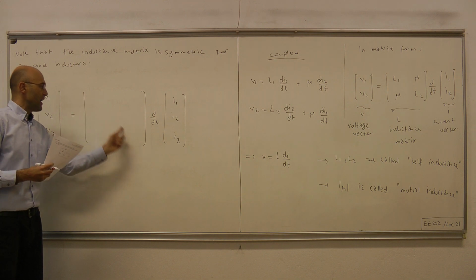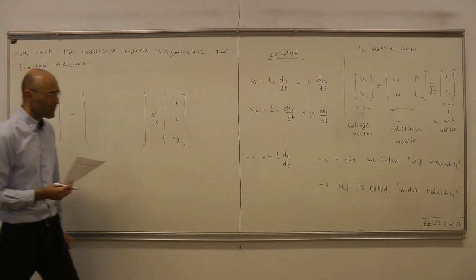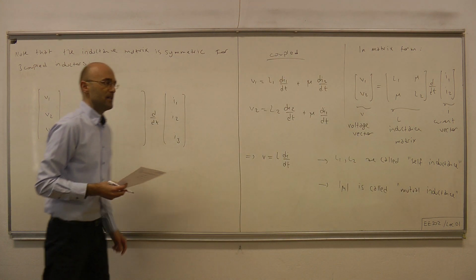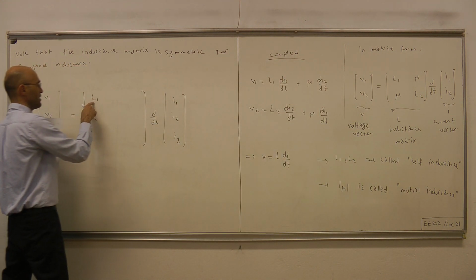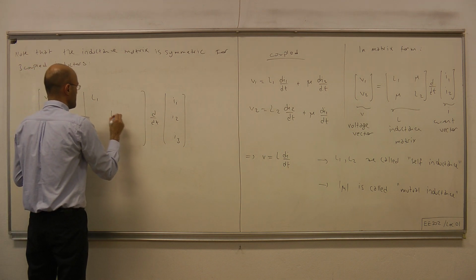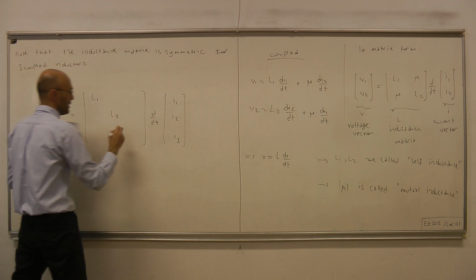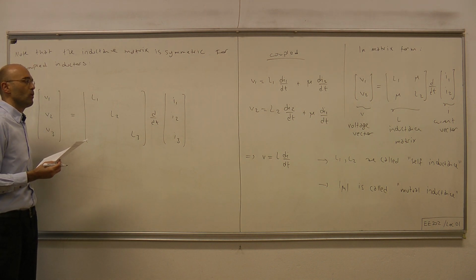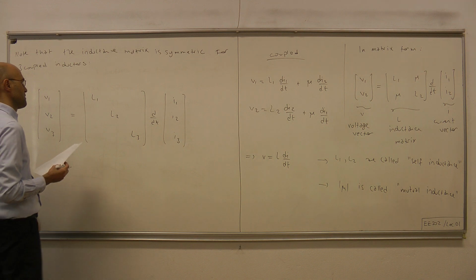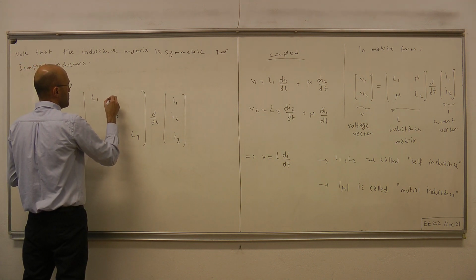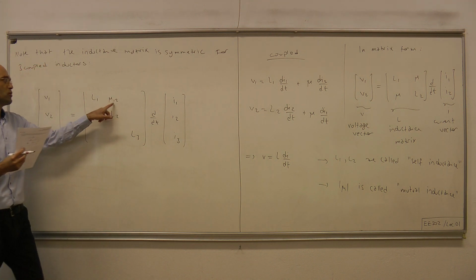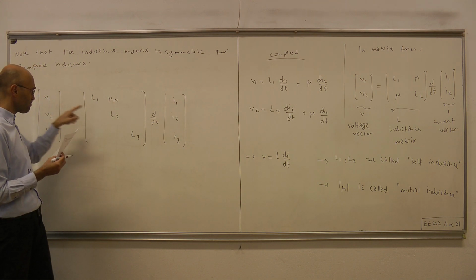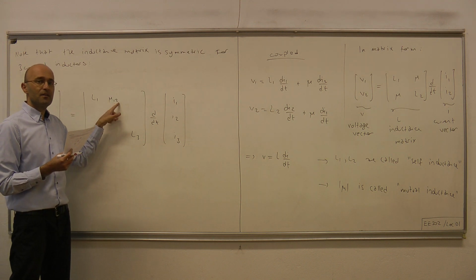The diagonal entries of that matrix we call self-inductances. So L1 is the self-inductance of the first coil, L2 is the self-inductance of the second coil, and so on. The off-diagonal terms are called the mutual inductances. So here we have, let's say, mu1,2, the mutual inductance that represents the relation between the first coil and the second coil.